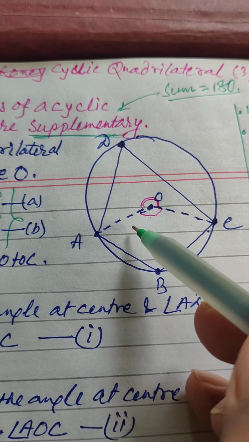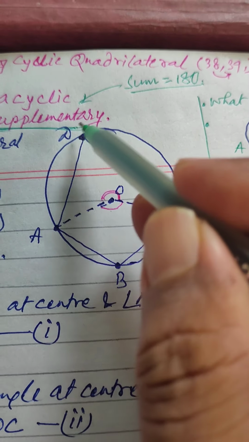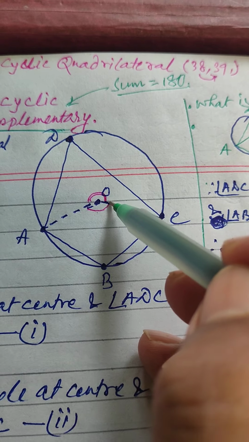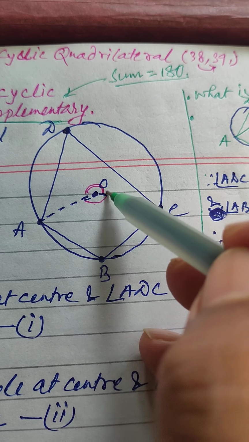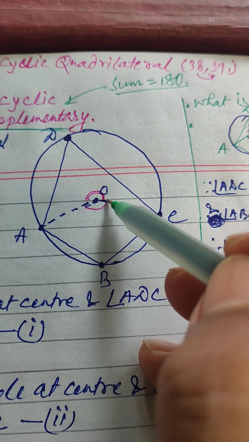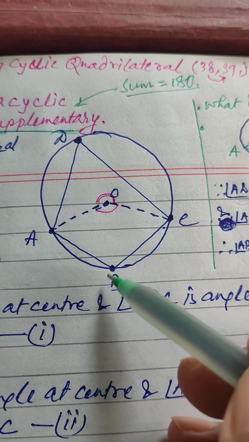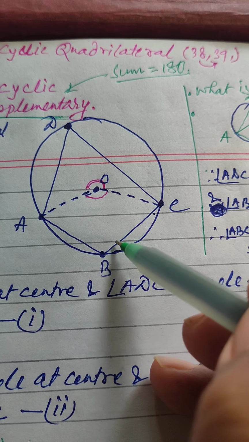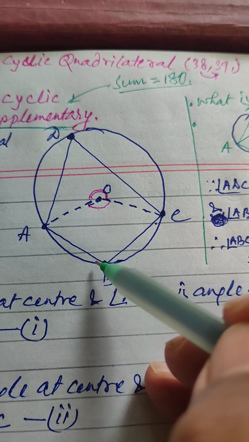Illustration. Similarly, consider this arc. On this arc, this is the angle at the center, and this arc will be referred to as reflex because if this is the angle, then it will automatically be more than 180. So this is the reflex angle at the center and this is the circumference angle. So this angle will be double of this.